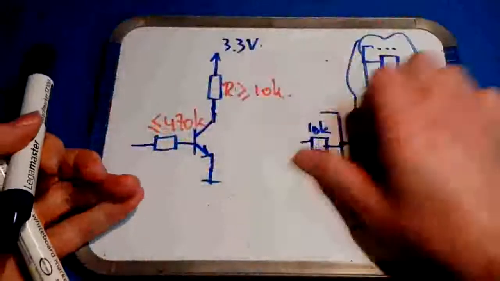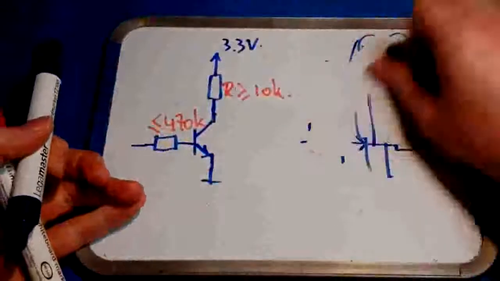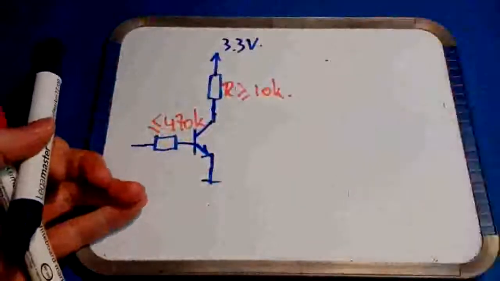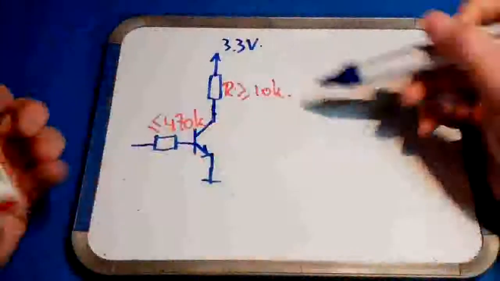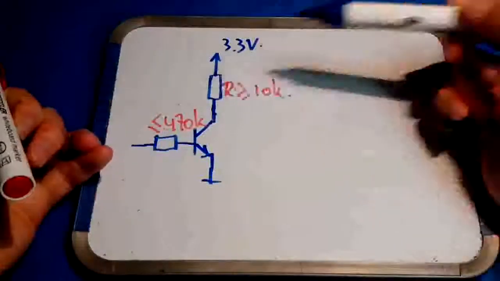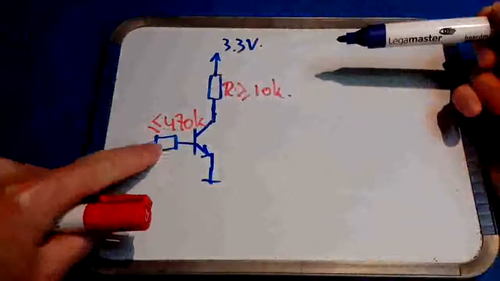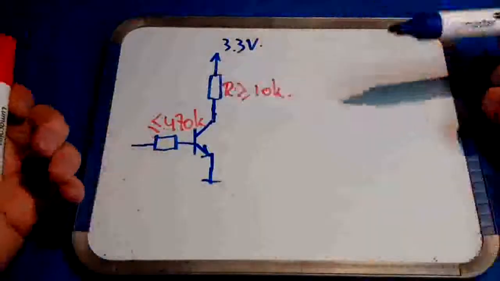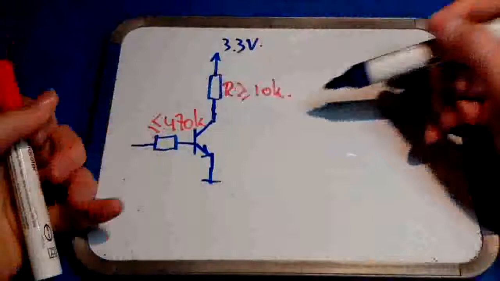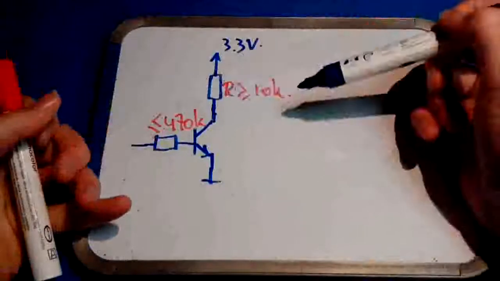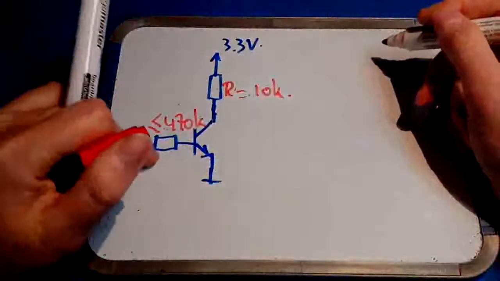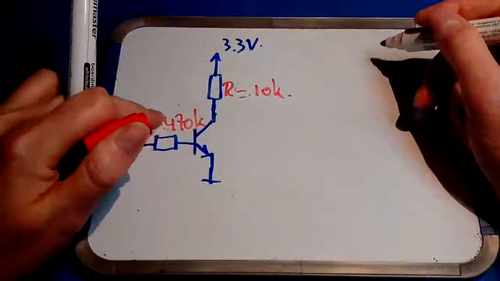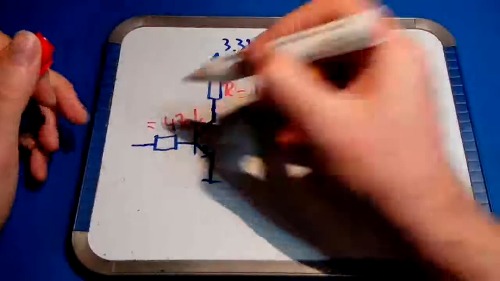So actually, what you would like to do in this case is remember that this resistor contributes to the output impedance, and this resistor contributes to the input impedance of another logic gate. You would like to minimize this, so let's say this is exactly 10K, and you would like to maximize this input impedance, so let's say it is exactly 470K, right?